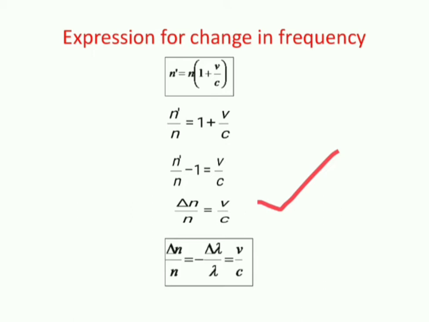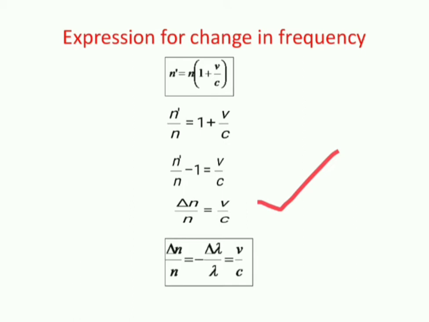So here V is the radial velocity, or velocity of the source with respect to the observer, with respect to earth. C is the speed of light. So delta n by n is equal to V by C. We know whenever frequency decreases, wavelength will increase, and if frequency increases, wavelength would decrease.